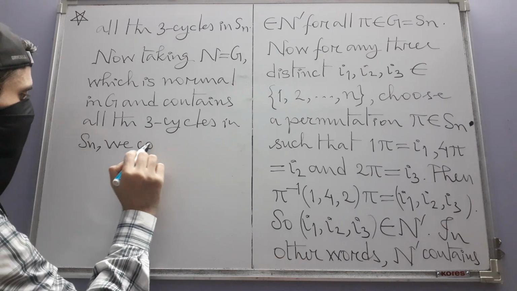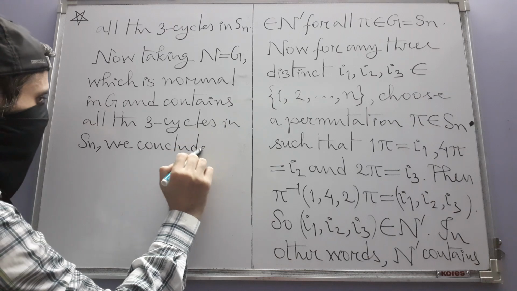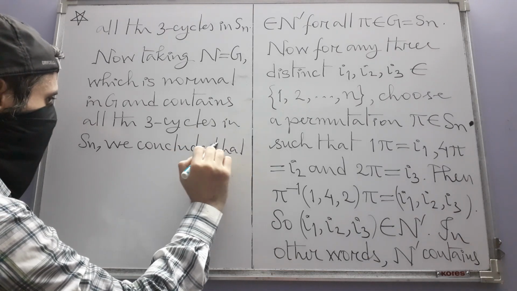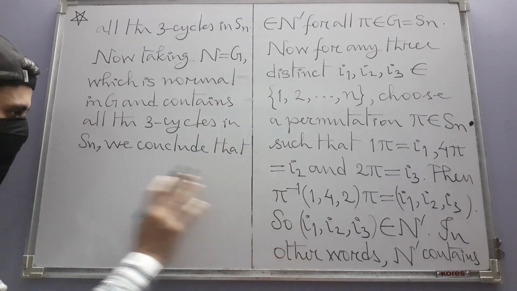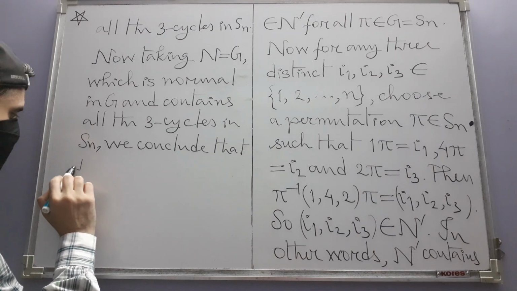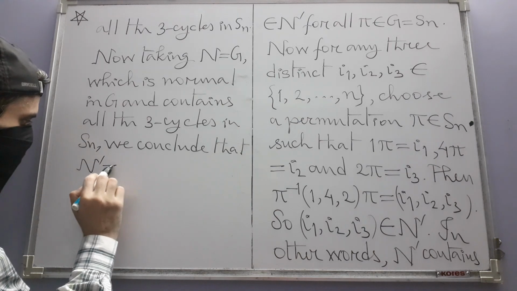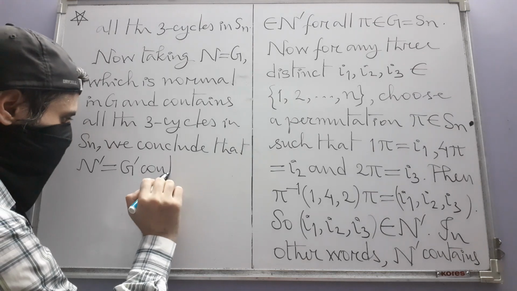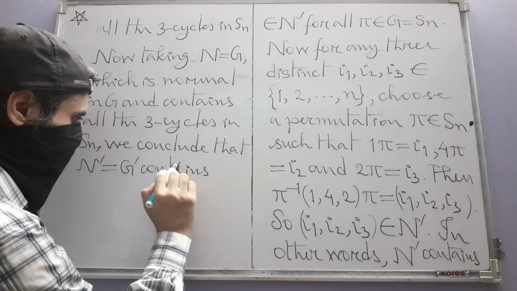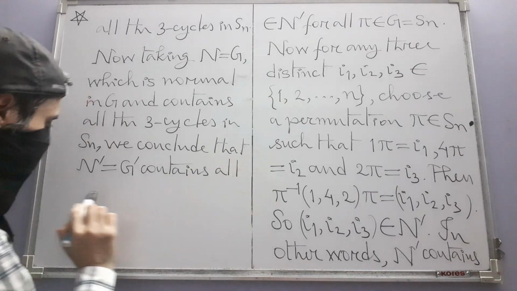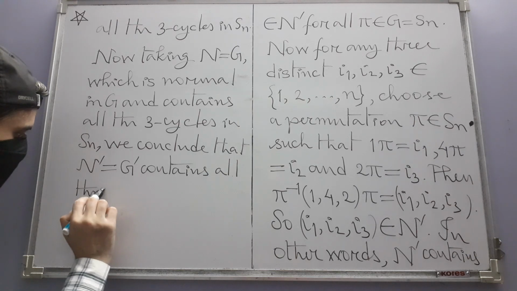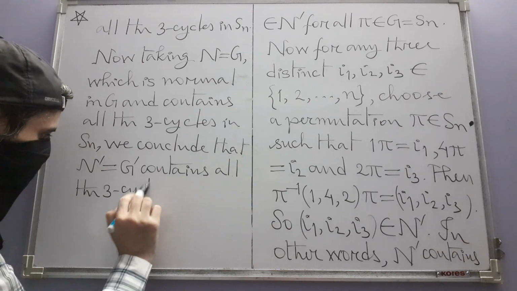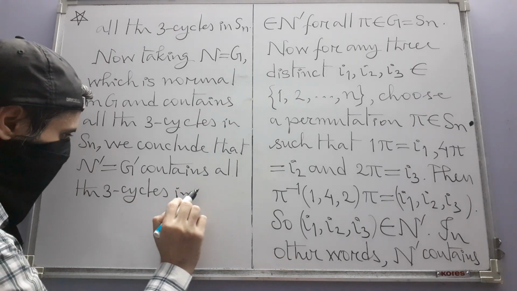We conclude by what we have done so far that N prime, which is G prime, contains all the three cycles in Sn.